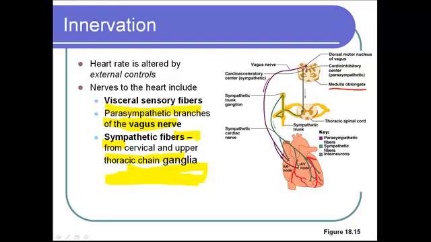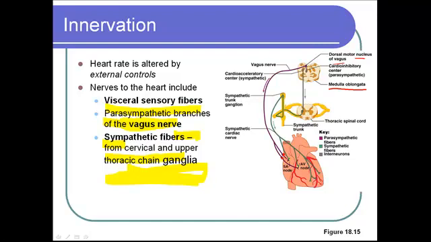The parasympathetic is going to come from the dorsal motor nucleus of the vagus nerve. Remember, parasympathetic has a long preganglionic neuron. Its ganglia is on the surface of the heart, and then it's going to innervate the sinoatrial node.